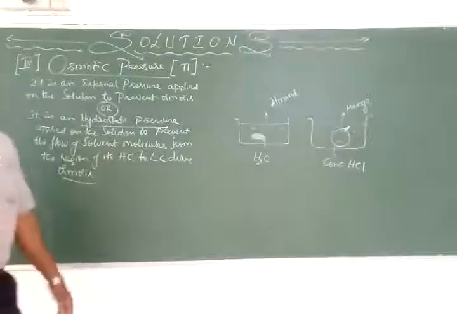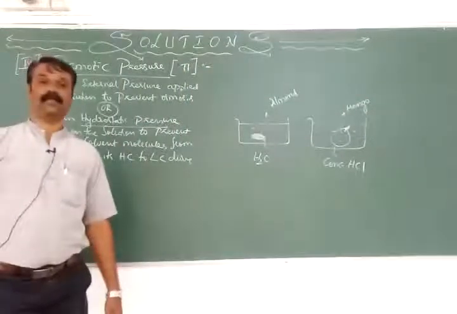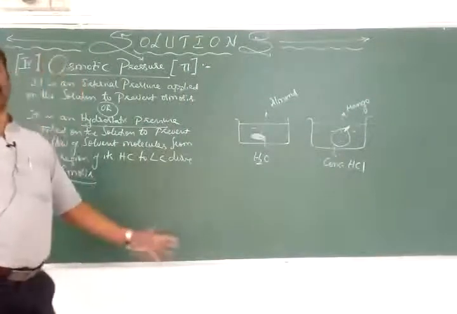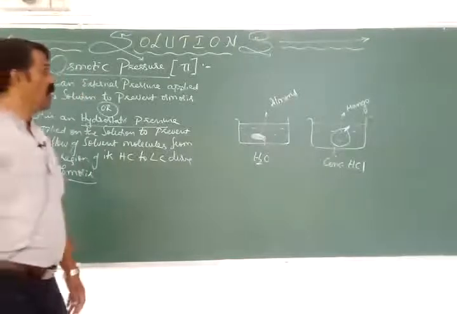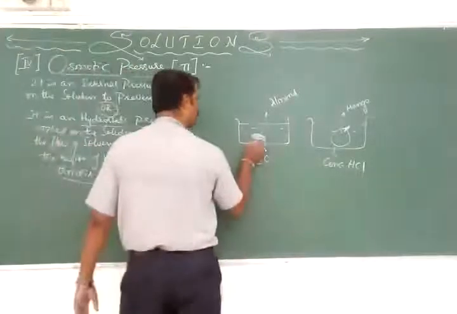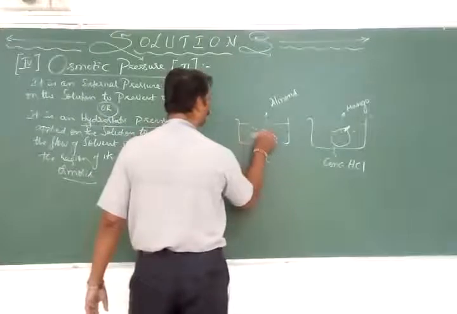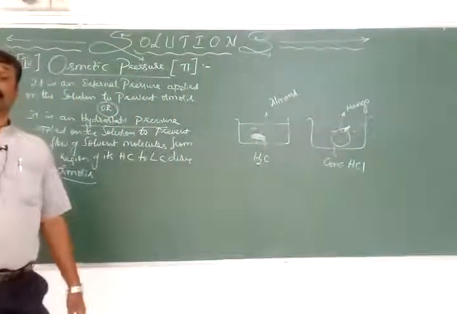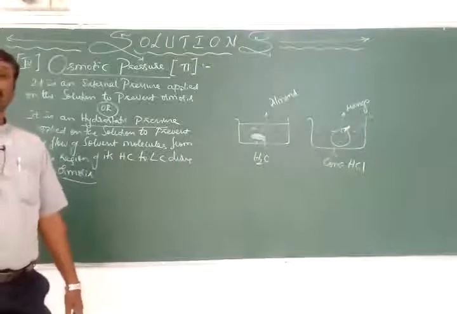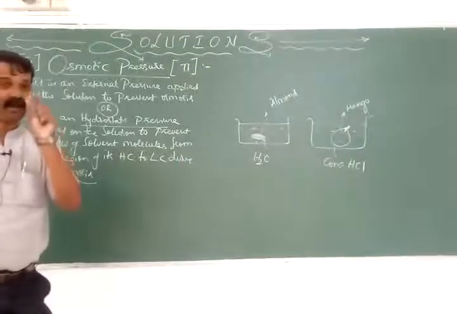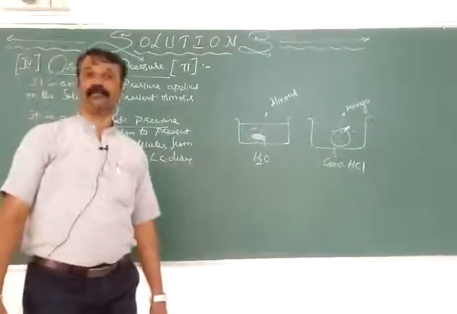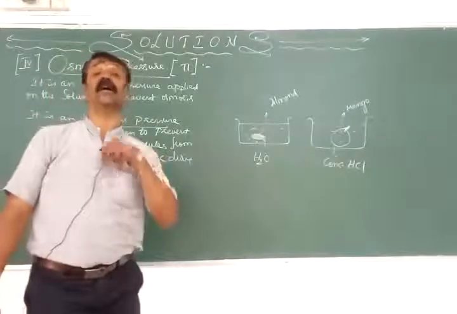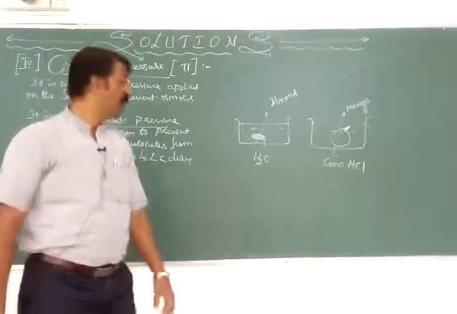What happens here? What happens after some time? If I put a small piece of badam in the evening, or it may be at night, and I see it in the early morning, what happens?